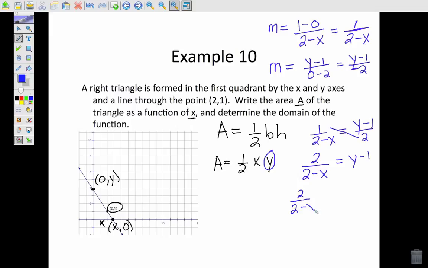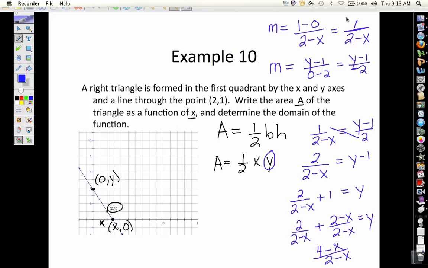I need to add the 1 over, so 2 over 2 minus x plus 1 equals y. I don't want to substitute this in though because it's an expression. So let's find a common denominator: 2 over 2 minus x plus 2 minus x over 2 minus x. Combine all these together, you get 2 plus 2, so it's 4 minus x over 2 minus x.